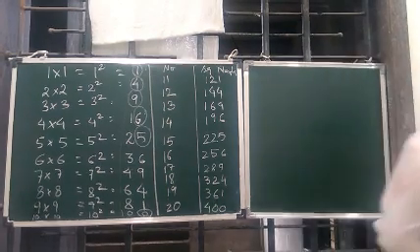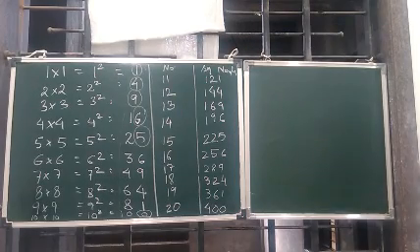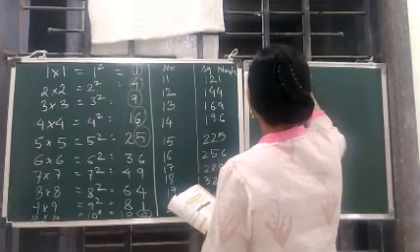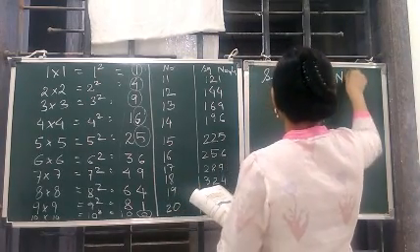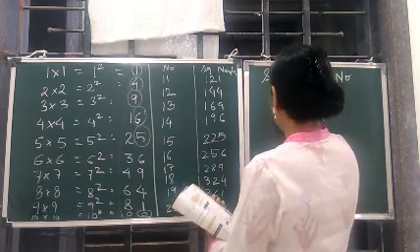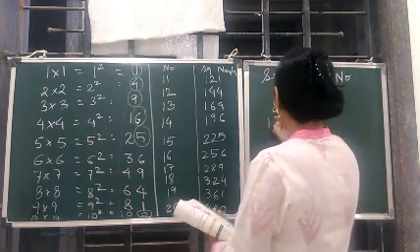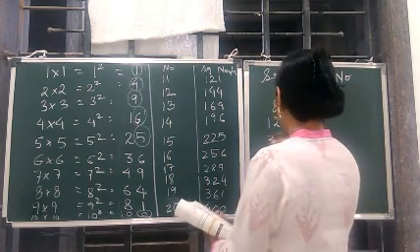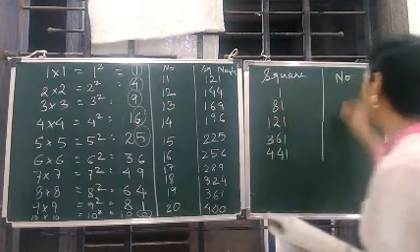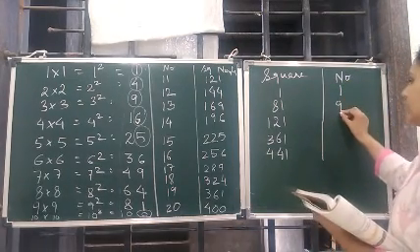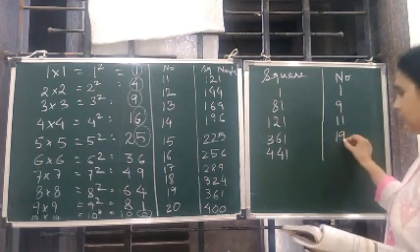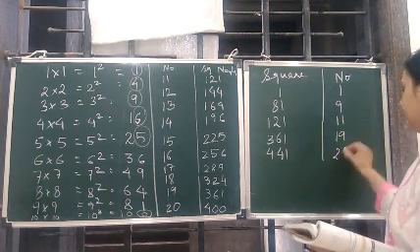Which I am going to make just now. The square and the number. 81, 121, 361 and 441. That means 9 nines are 81, 11 elevens are 121, 19 nineteens are 361 and 21 twenty-ones are 441.